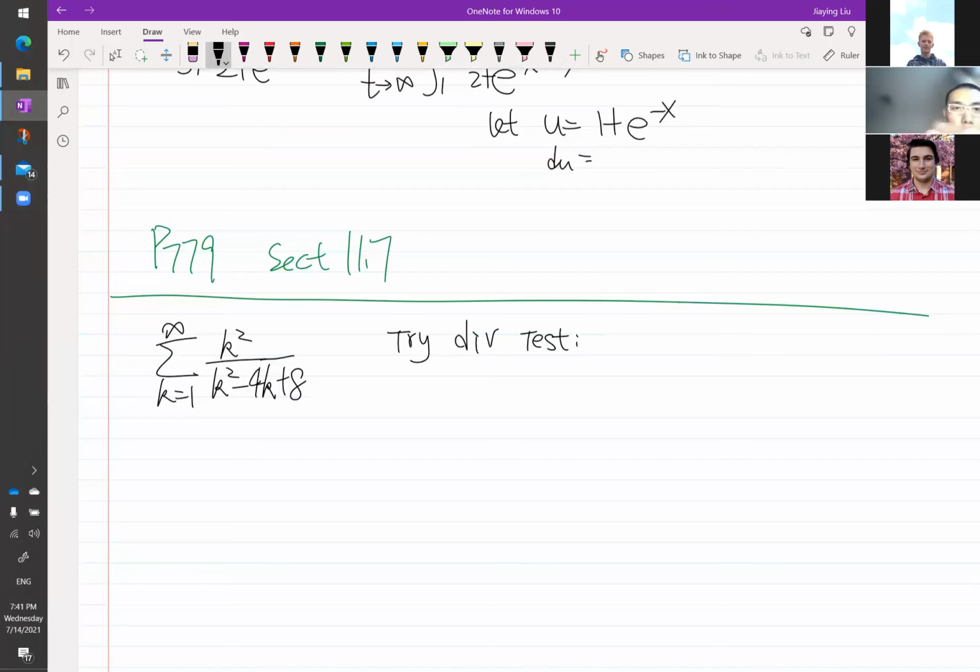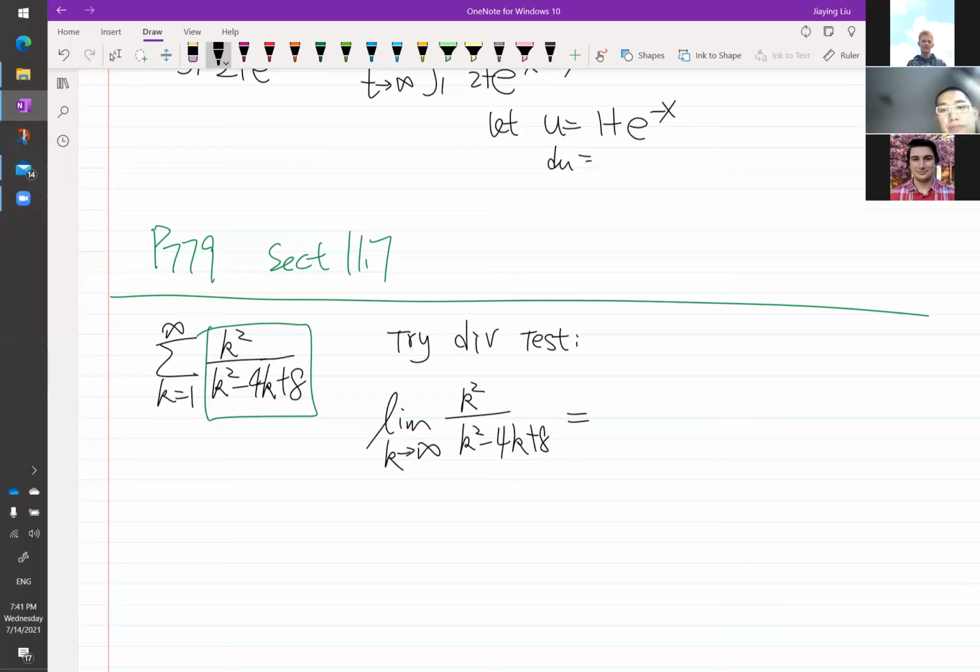So we're just going to take this part, and then we're going to take the limit of it as k goes to infinity in this case. So that will be k squared over k squared minus 4k plus 8.